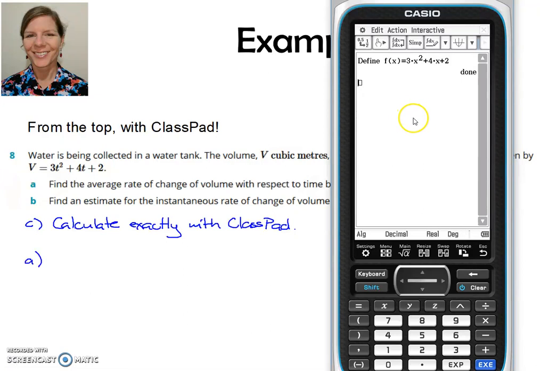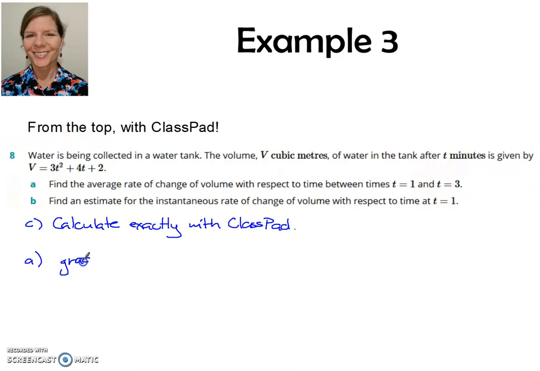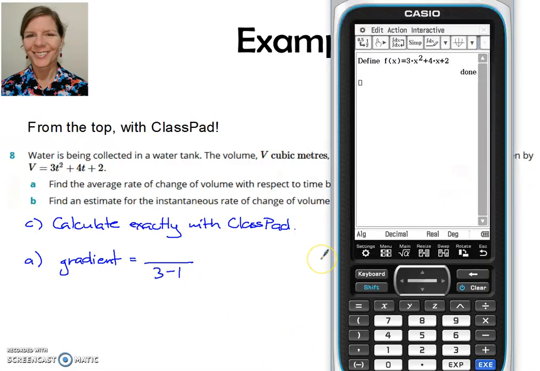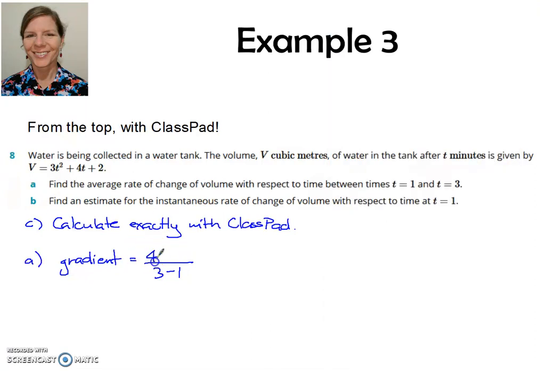Now we had the interval 1 to 3, so our gradient is going to be the value at 3 minus the value at 1 over 3 minus 1. So let's go and find this out. The value at 3 is 41. The value at 1 is 9. So we've got 41 minus 9, and if you work that out, you end up with 16.